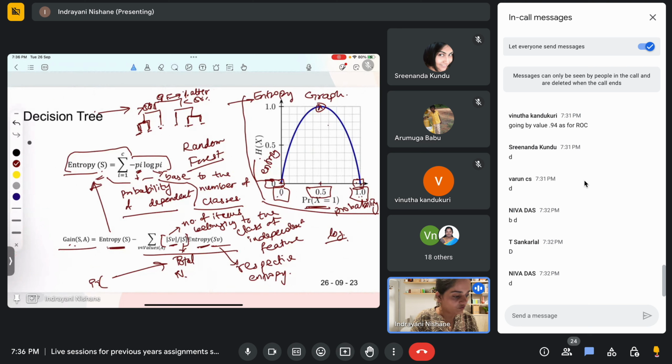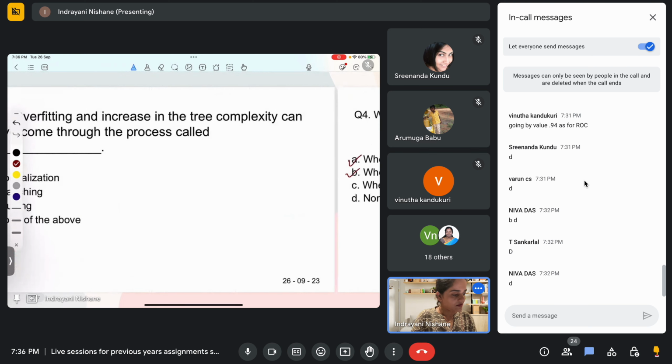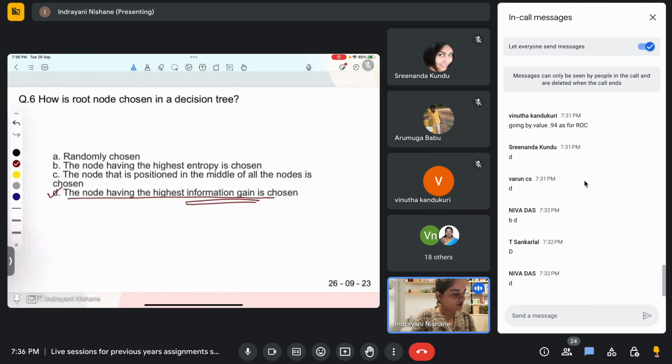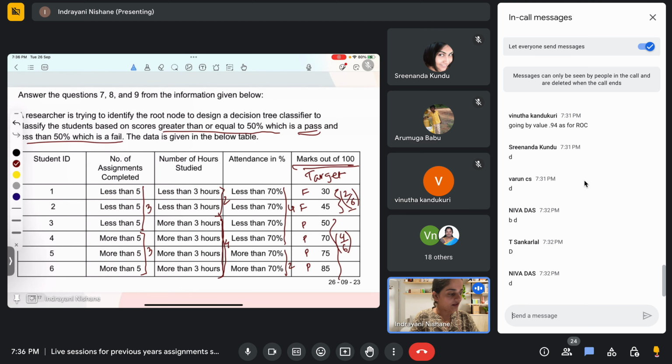So it is minus summation of pi log pi. And what will be the base? How many classes are there in our target, the result? How many classes, pass or fail? So how many?